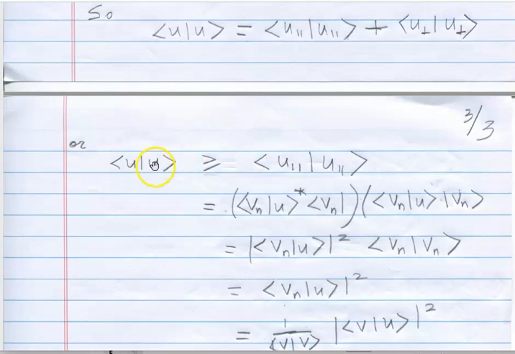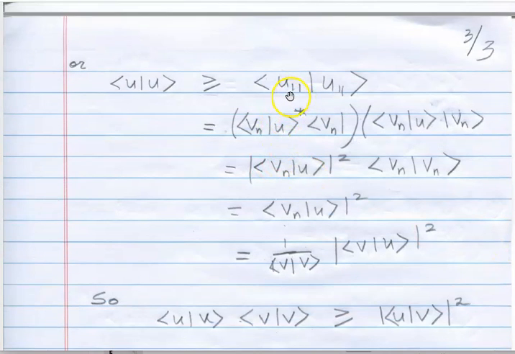And so what I'll do is, I've got this, and it's equal to the sum of these two numbers, but I can certainly drop this one. If that's the case, then whatever was on this side, if I drop this positive number over here, then it has to be greater than or equal to what was left if I just drop one of these positive terms, and I chose to drop the perpendicular one.